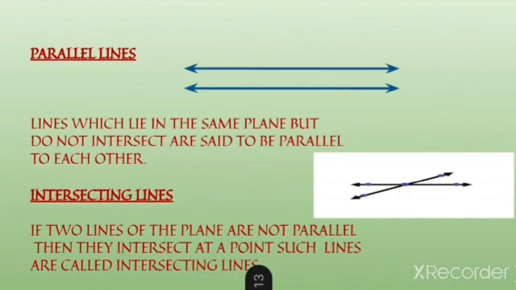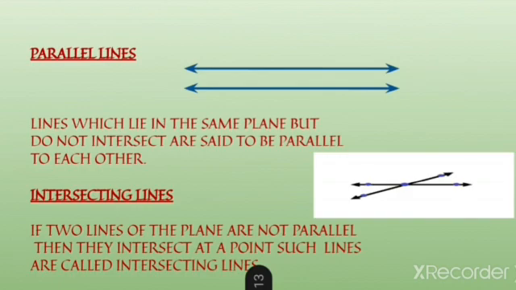If you see in the above picture, you will see that there are two lines which are placed in such a way that even if you extend them from both the sides, they will never meet. This tells us that these lines are parallel lines.